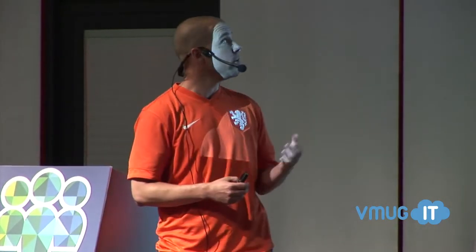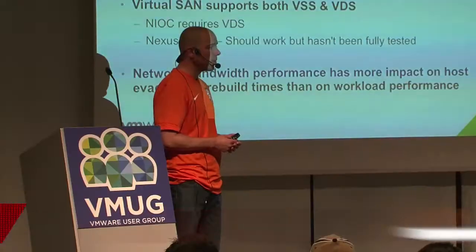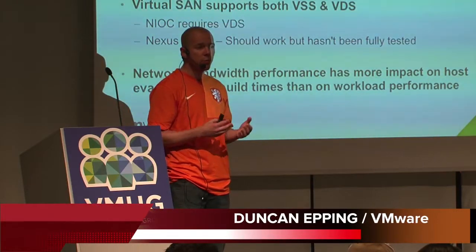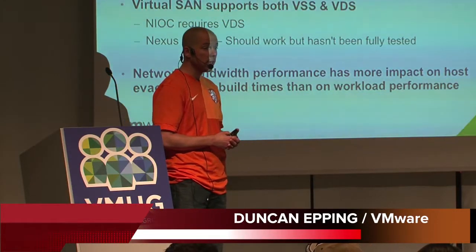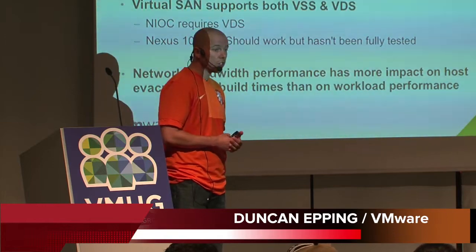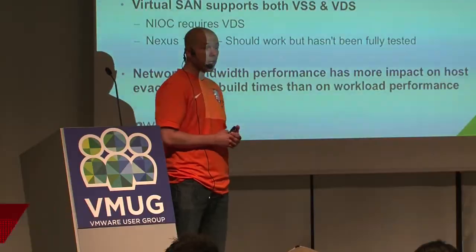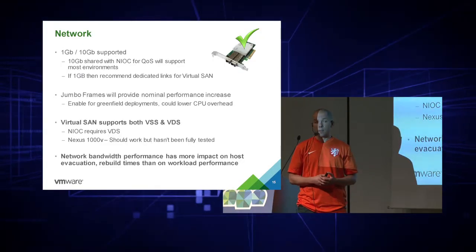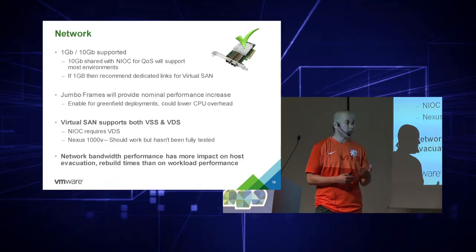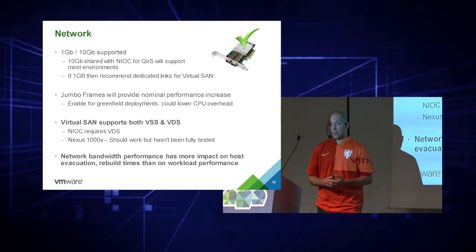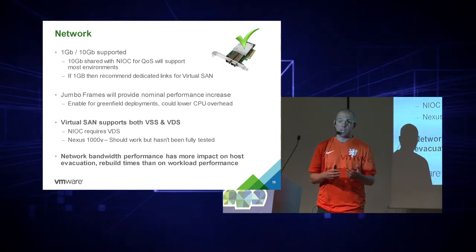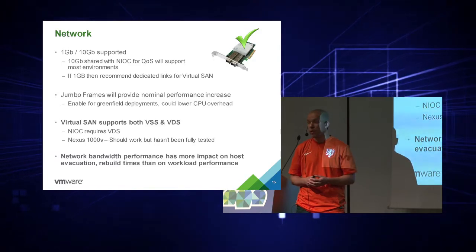So that is one key thing that a lot of people haven't realized yet or haven't heard about yet. And it's not the use of 1 gig versus 10 gig, but it's the fact that the distributed vSwitch is included with virtual SAN. So if you end up buying a virtual SAN license, you get a distributed vSwitch license with it. As soon as you enable it, you have the distributed vSwitch license. Now, the nice thing about having the distributed switch license is that you can use something like network I/O control.